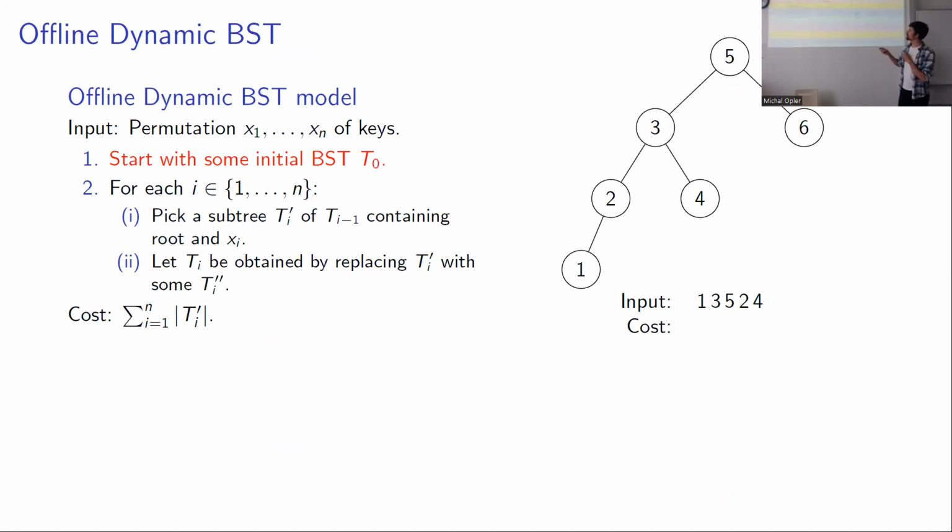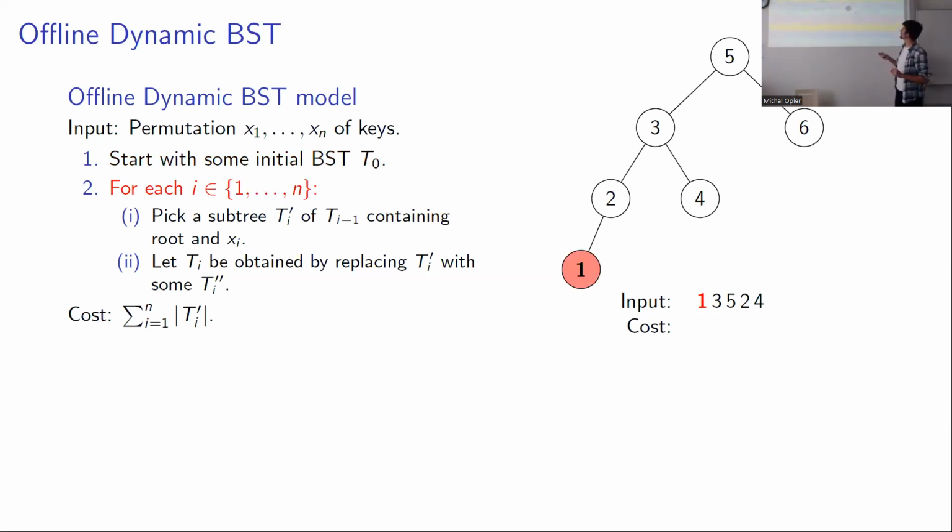Formally, in the model, you start with some initial binary search tree. Here is an example on input 1, 3, 5, 2, 4. Let's say I start with this particular binary search tree. Then in each step, I pick a subtree that contains the path from the root to xi. That's the access I have to make because I have to find xi.